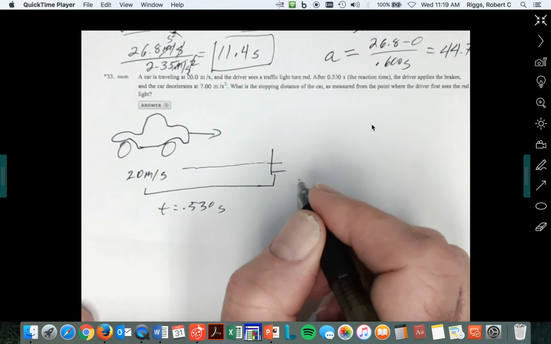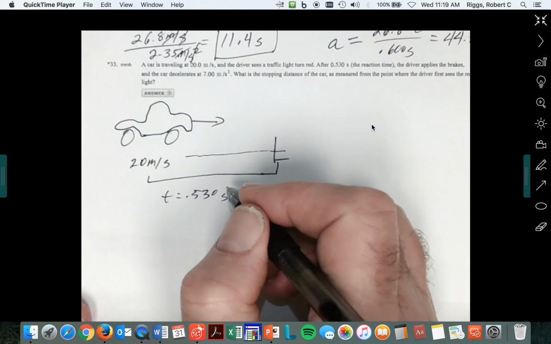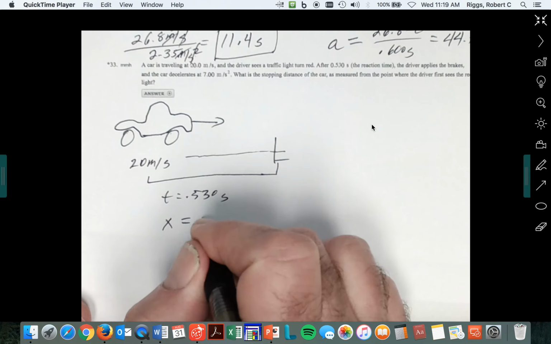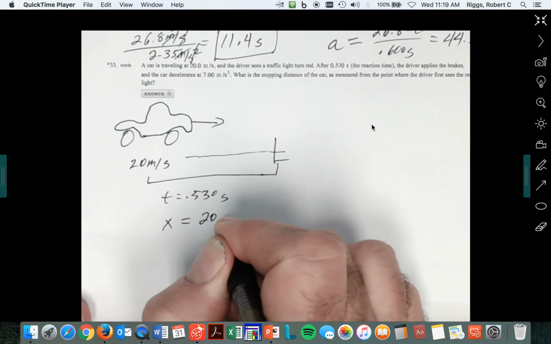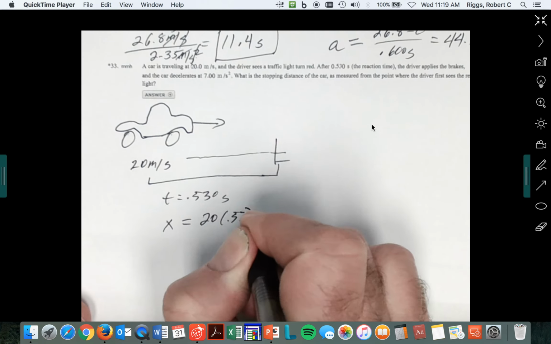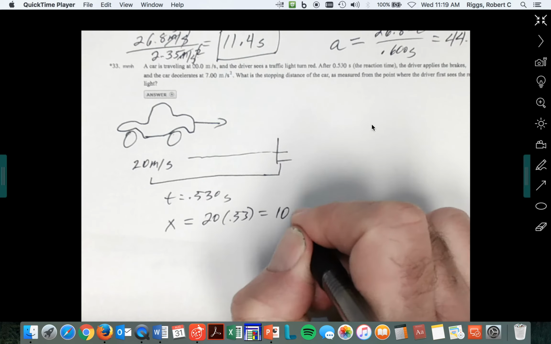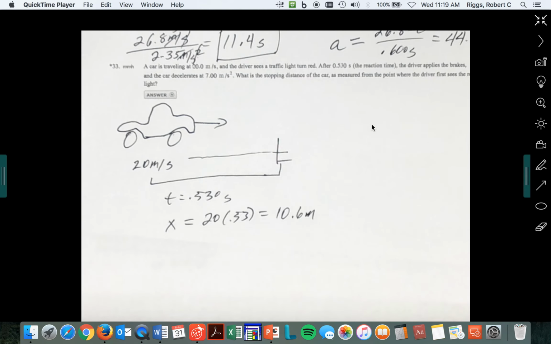Then all of a sudden it starts here. So during this time, how far did it go? Well, we know that x is equal to rate times time, 20 times 0.53. So it went an extra 10.6 meters before he even was able to slam on the brakes.